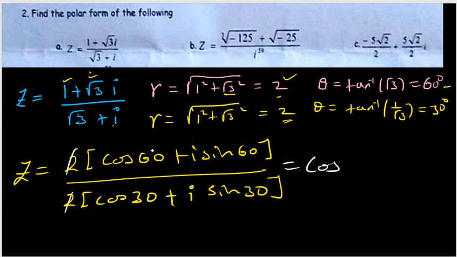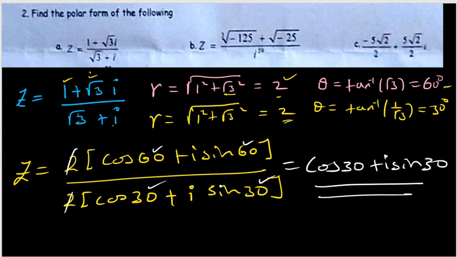Cosine of 60 minus 30 will be 30, plus i sine, again 60 minus 30 will be 30. According to the rule, if it is written in the quotient form, you can subtract the angles and simplify the r's. So this will be the polar form of the first one. Let us go to the second part.